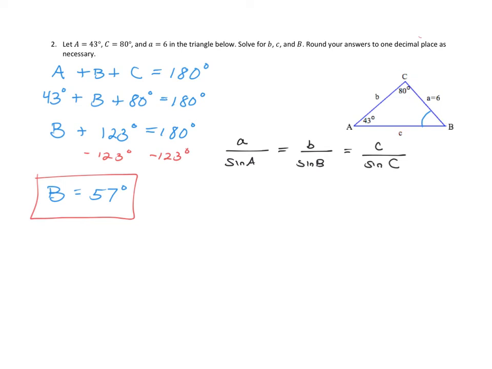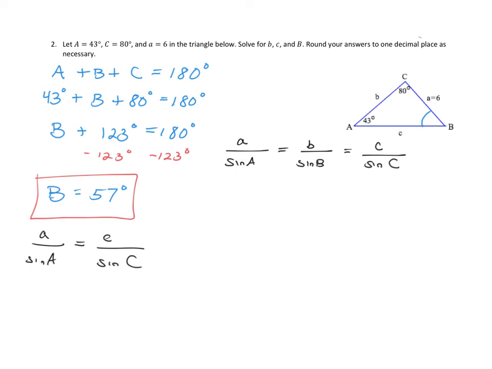So if I'd like to solve for side C, I'm going to use this angle and this side in this equation. It'll look like this. I'm using A over sine of A is equal to C over sine of C. The only thing that I do not know in this equation is C, which is fine. That's the thing I'd like to solve for.